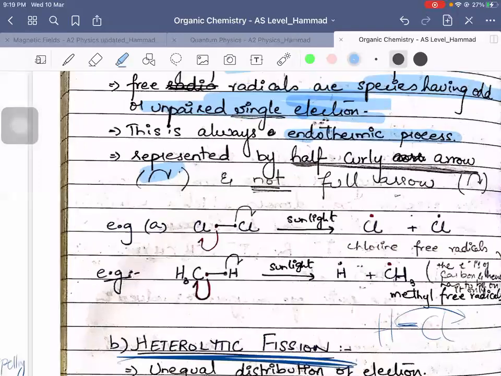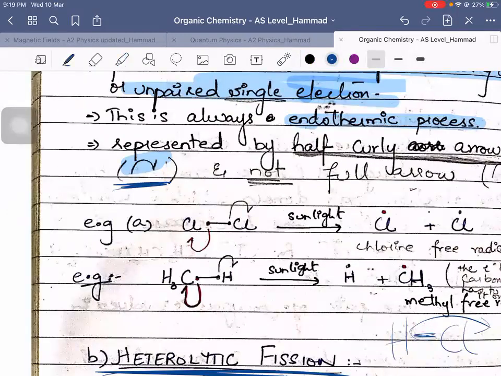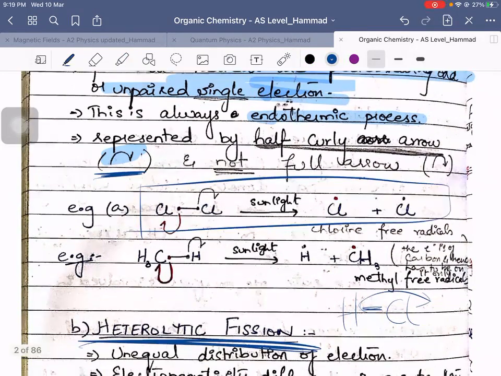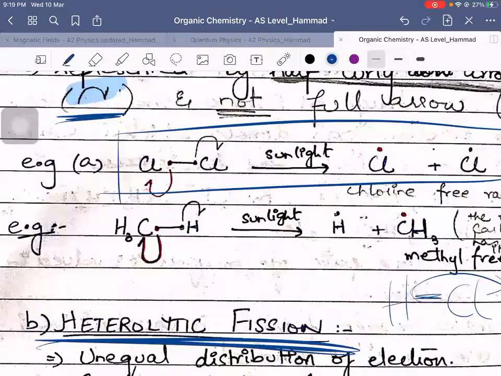Check out the shape of the half curly arrow. Whenever it breaks, free radicals are formed. These are free radicals with a dot. They're extremely reactive, by the way.